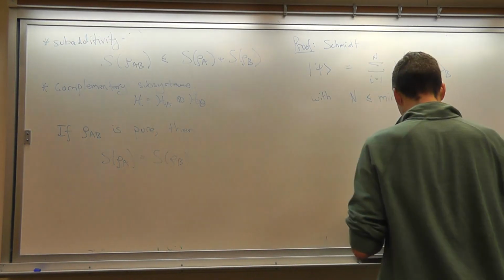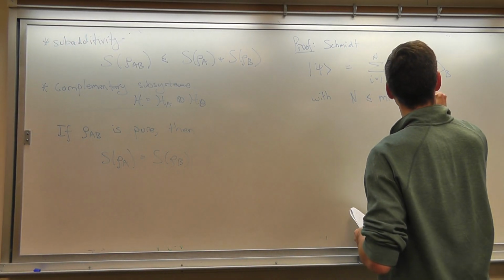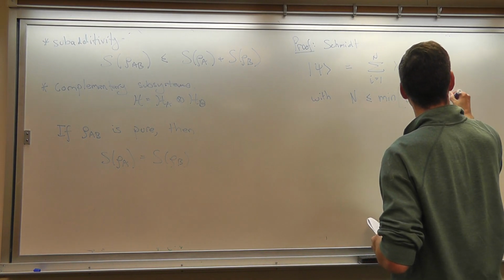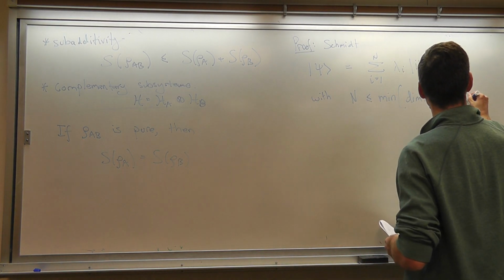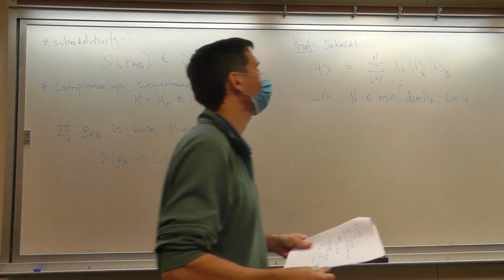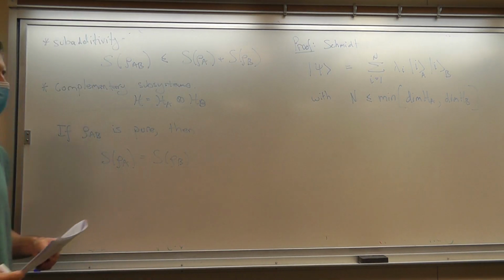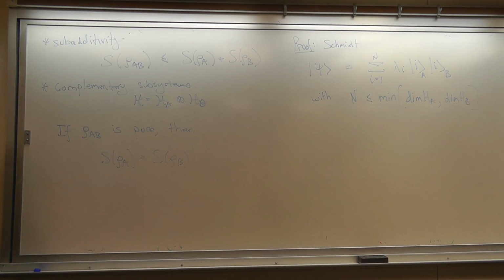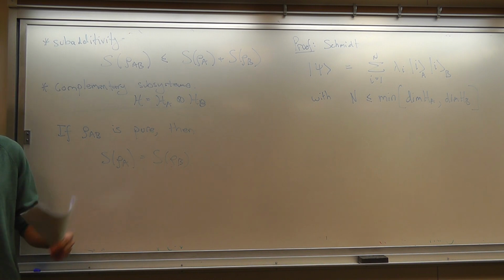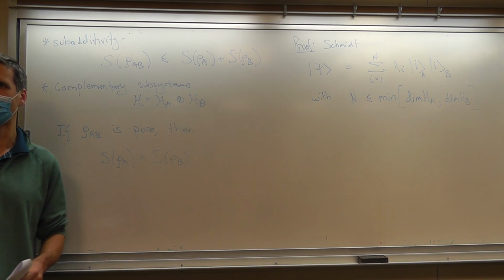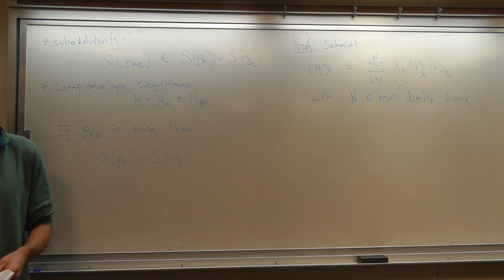So min of the dimension of HA, the dimension of HB. So in other words, say you have like, I don't know, let me come up with an example.